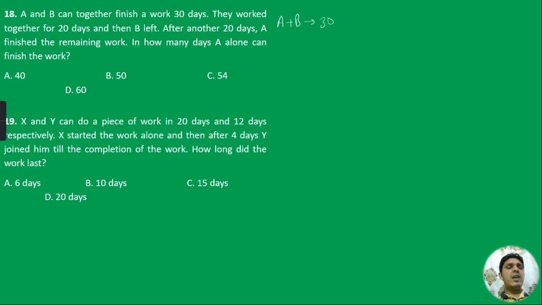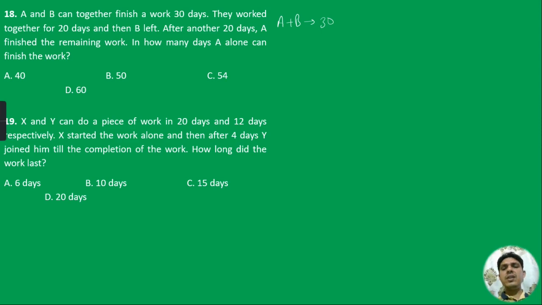After another 20 days, A finished the remaining work. In how many days can A alone finish the work, right? So students, how will the question be done? A and B can together finish the work in 30 days. They work together for 20 days.